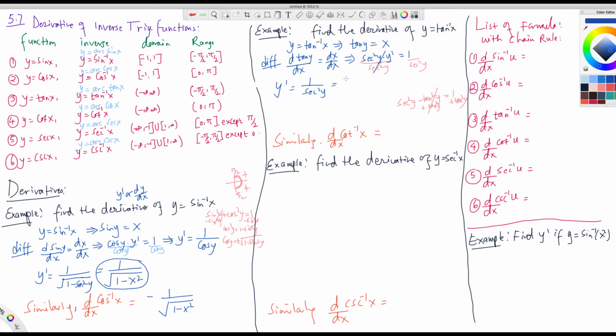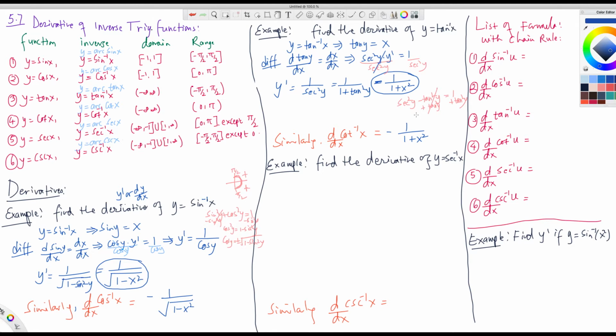So I can write this as 1 over 1 plus tangent square y, right? But what is the value of tangent y? That is x. So I can write the final answer for this as 1 over 1 plus x squared. This is the derivative of tangent inverse x. If you do exactly the same steps, you will get the derivative of cotangent inverse x is negative 1 over 1 plus x squared.